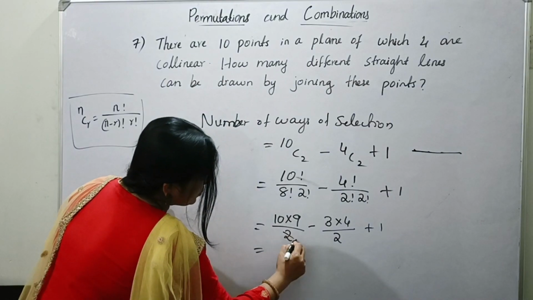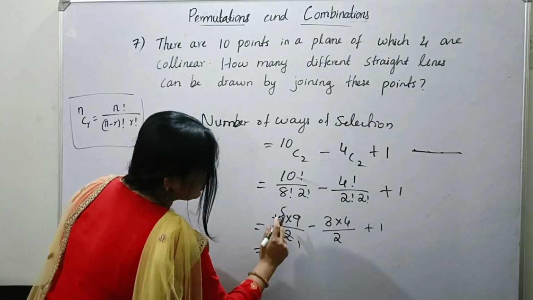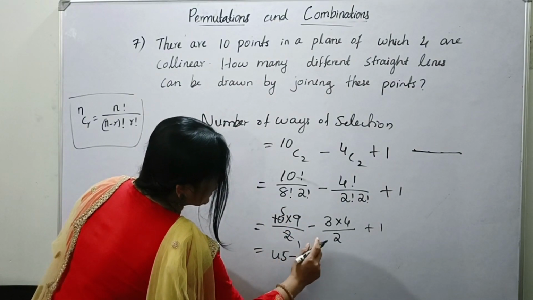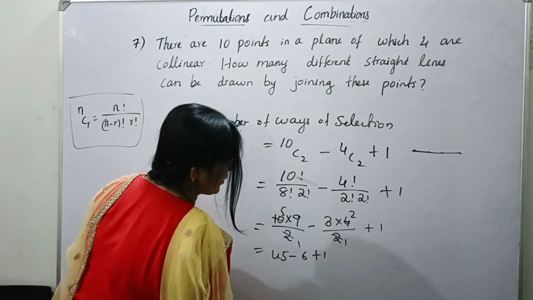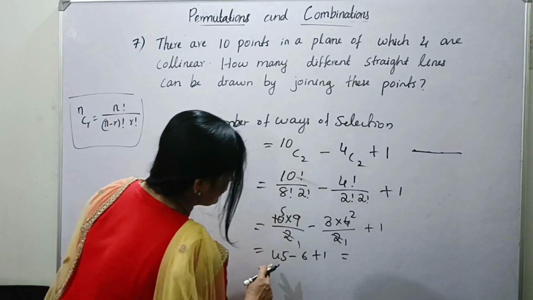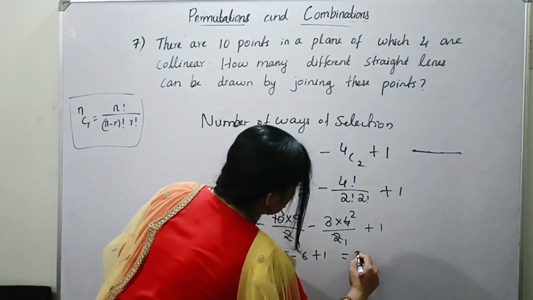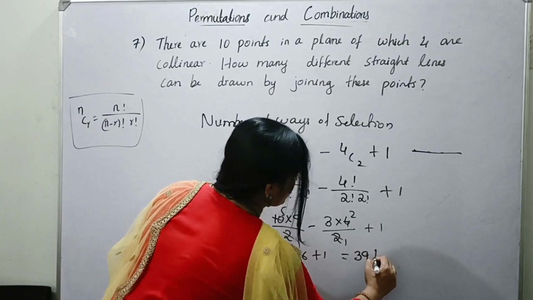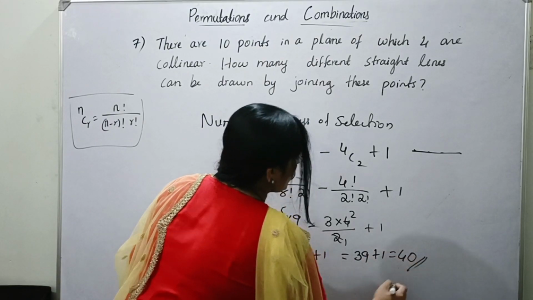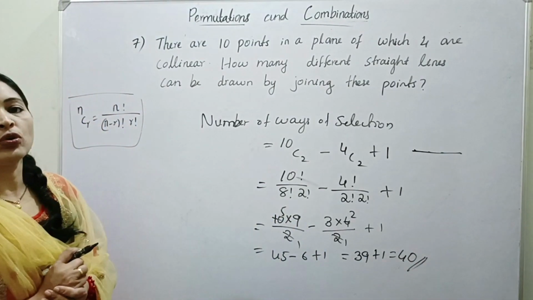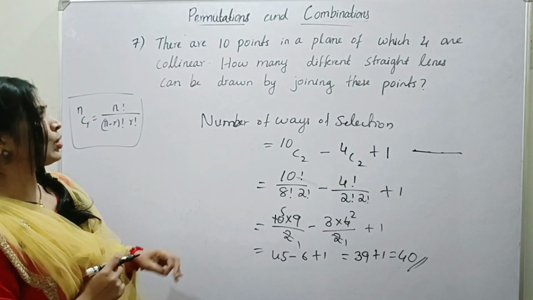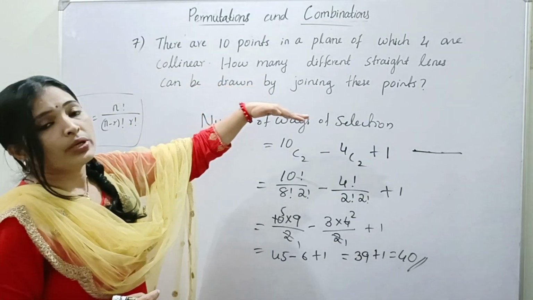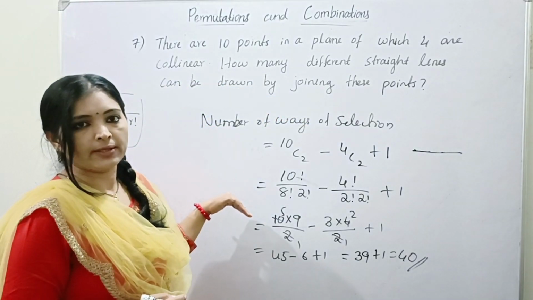Here 2 5s are, so 45, minus 2 2s are 6, plus 1. That is 45 minus 6, 39, plus 1, that is 40. So we can make a total of 40 straight lines out of 10 points in which 4 are collinear.